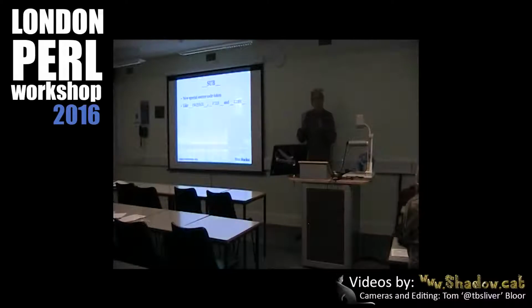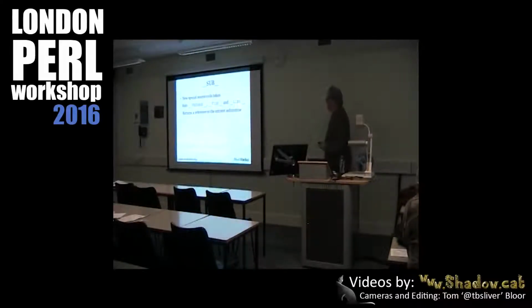If you use those in your source code, they will get replaced by the current package, the current file name, and the current line number. The __SUB__ one that's been added is slightly different. It doesn't give you the name of the current subroutine, it returns a reference to the current subroutine.